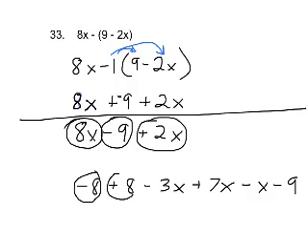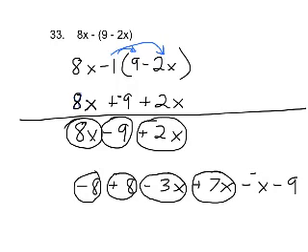That's a negative 8, a positive 8, a negative 3x, a positive 7x, a negative x, and a negative 9, and those are all added together. Of course, when you add a negative and a positive, you subtract them and keep the sign of the larger number.